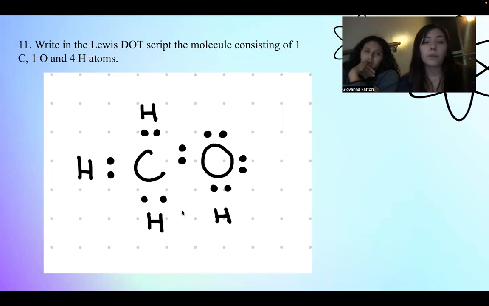And we place carbon in the middle because it has 4 valence electrons, which allows it to be able to bond to multiple elements. And so we bond our hydrogens to our carbon and to our oxygen, which creates a full valence shell here.